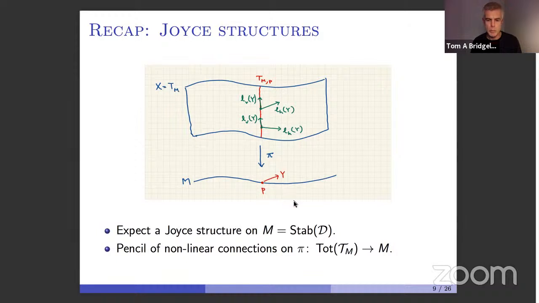But really it's about a pencil of nonlinear connections on this projection. As I explained, once you know how to lift vectors downstairs into tangent vectors upstairs in these two different ways, then you can define the hyperKähler structure by setting the eigenspaces of the operator I to be these two. That's the geometry we're supposed to be getting out of this.